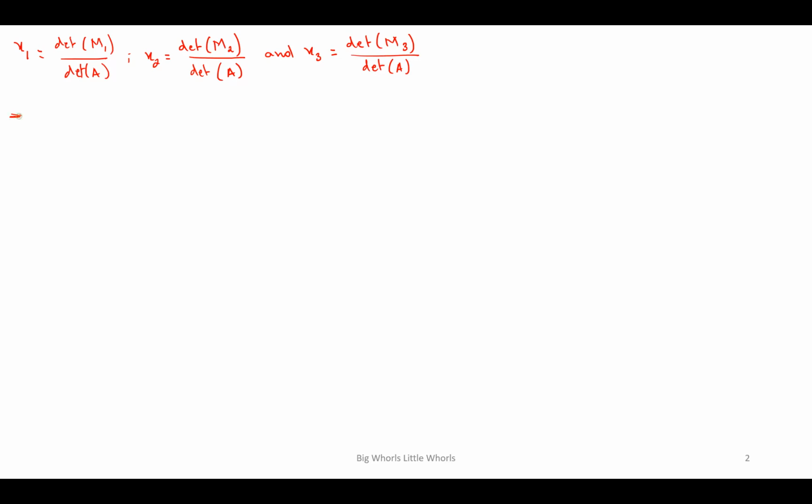So let's find the determinant of A, the determinant of M1, M2, and the determinant of M3. We know how to find determinants.